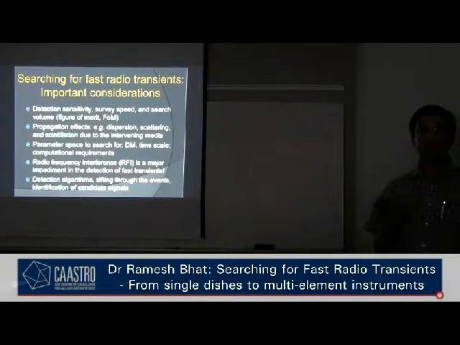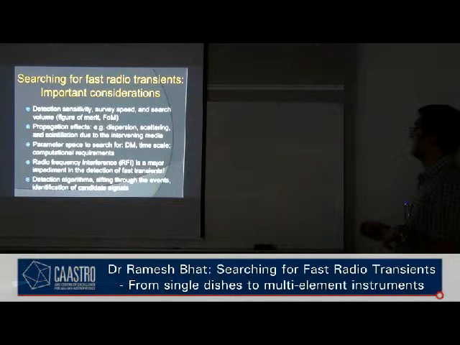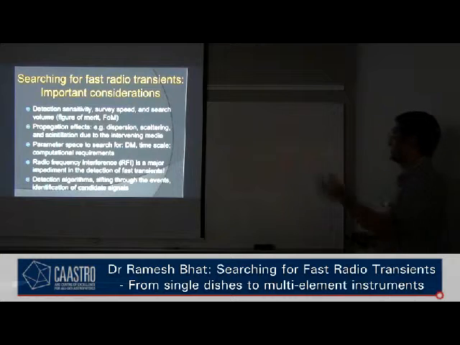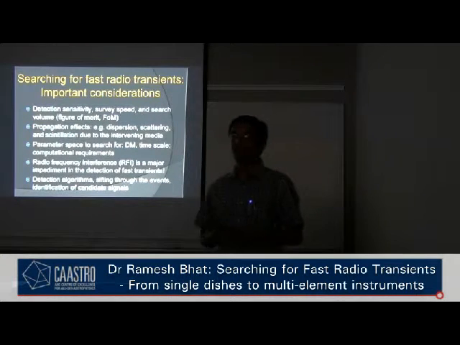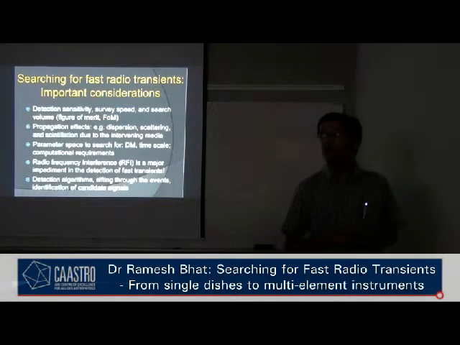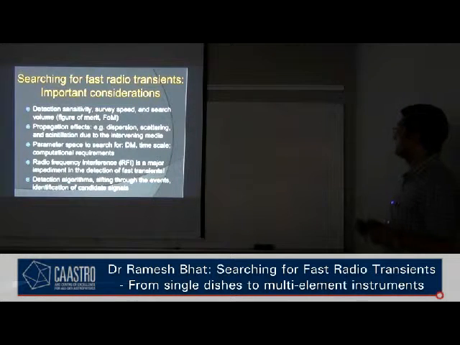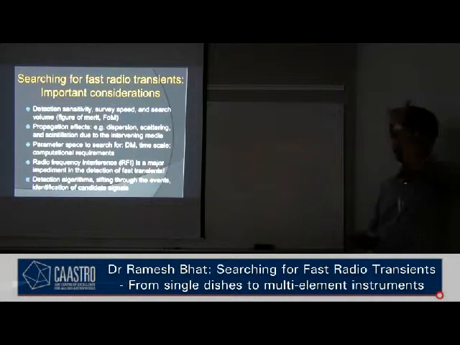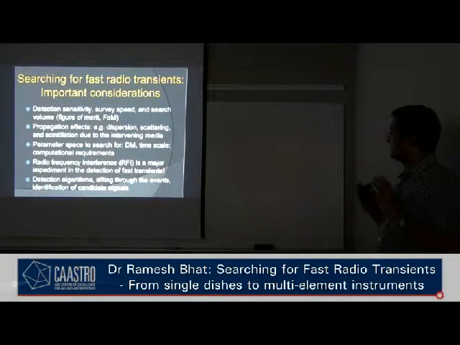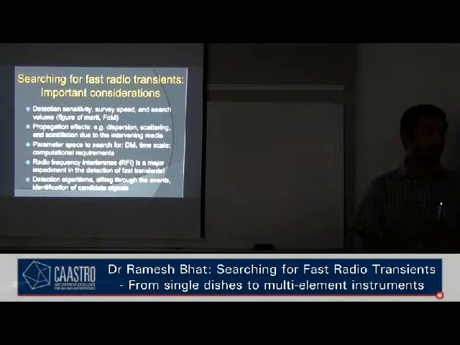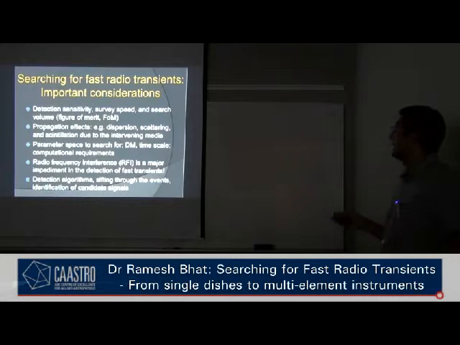And if you have to detect a maximum number of signals, radio frequency interference is a big problem. And of course, as we move on to the new instruments, you need to develop newer strategies and algorithms. I'm sure that some people in this room have thought about some of this a lot more extensively, like JP, who has worked on some of these factors and how they should be optimized for upcoming instruments.